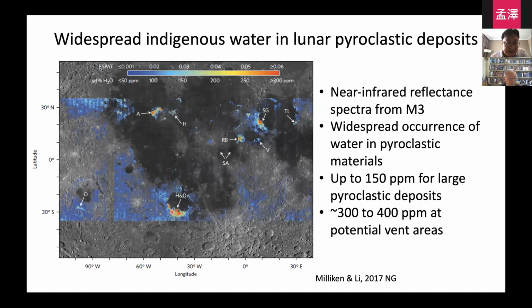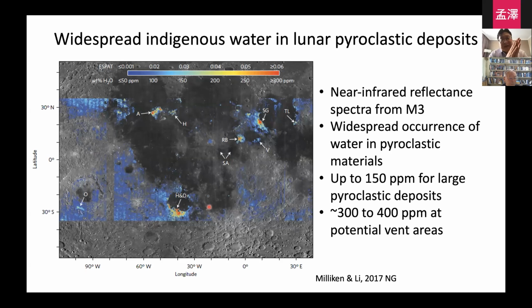They contain higher water content than the rest of the area, which is background. These pyroclastics can contain up to 150 ppm water, and some areas, like potential vent areas, contain as high as 400 ppm water.